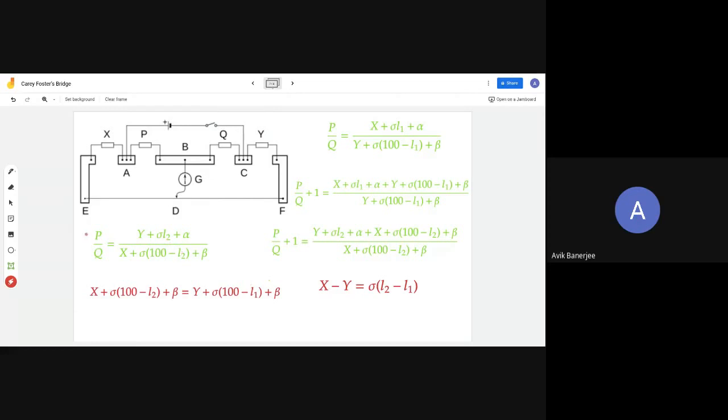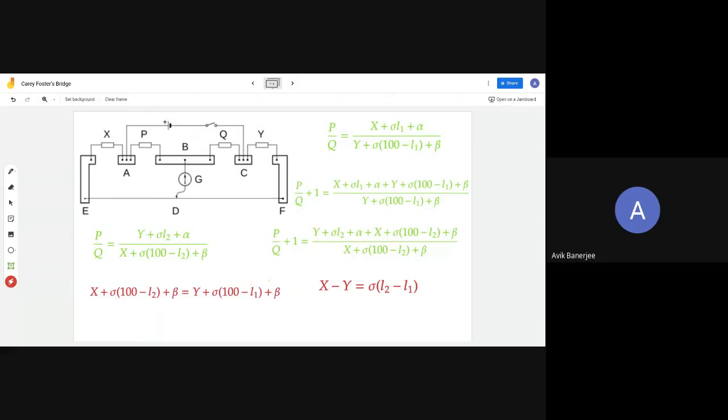Right? So for this configuration, at the stable condition, we should be able to write P by Q is equal to R by S. So what is R? Right, this one. R is X plus sigma into L1 plus alpha. Now what is sigma? Sigma is the specific resistance, the resistance per unit length of the wire. What is the unit? Ohm per meter.